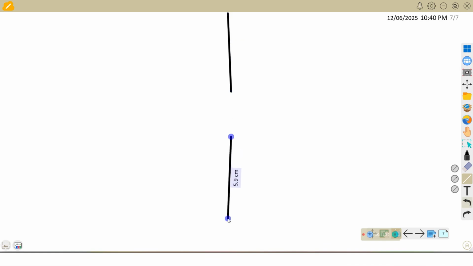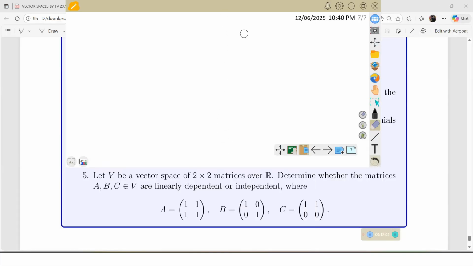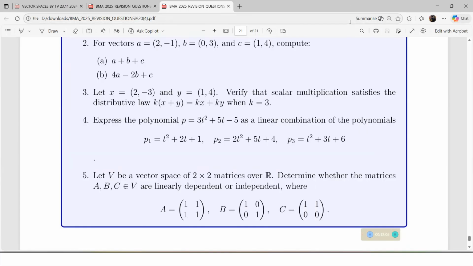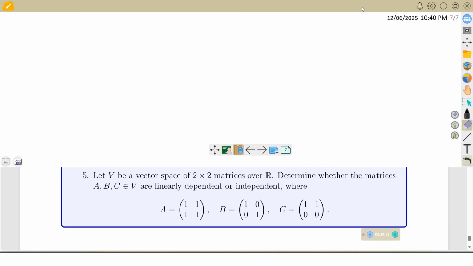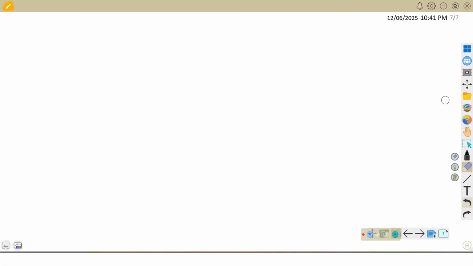Since we have already talked about some of these, that is about linear combination, we talked about linear independence, we talked about the definition of a vector space. So we looked at all that. Let us see how best we can also answer this question.